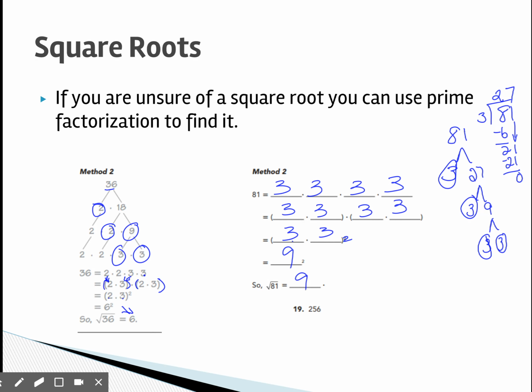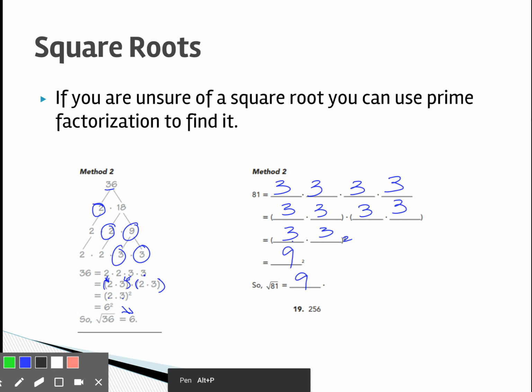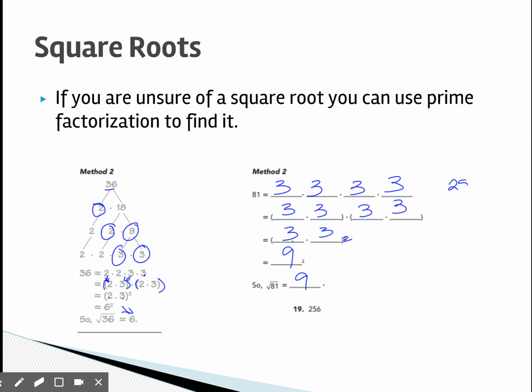Let's try with 256. I'm going to erase a little bit up here so we have room to do the factor tree. All right, 256. 256 can be divided by 2. I know that because it's even. So that will be 128.